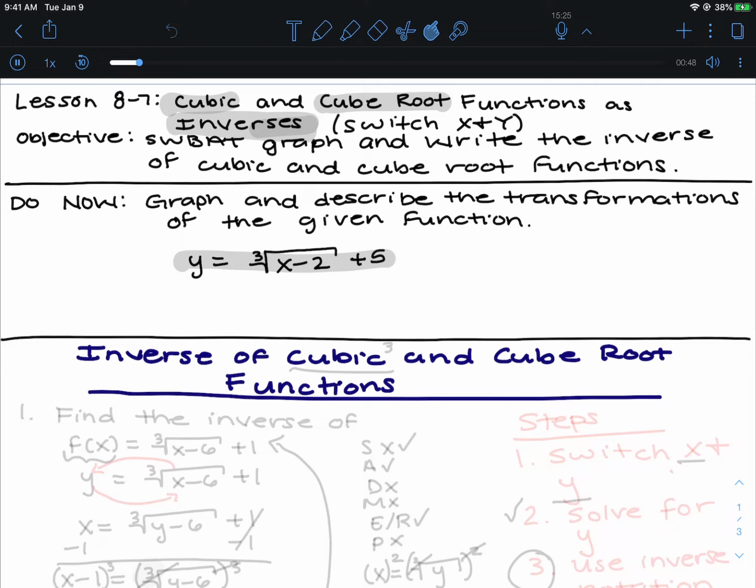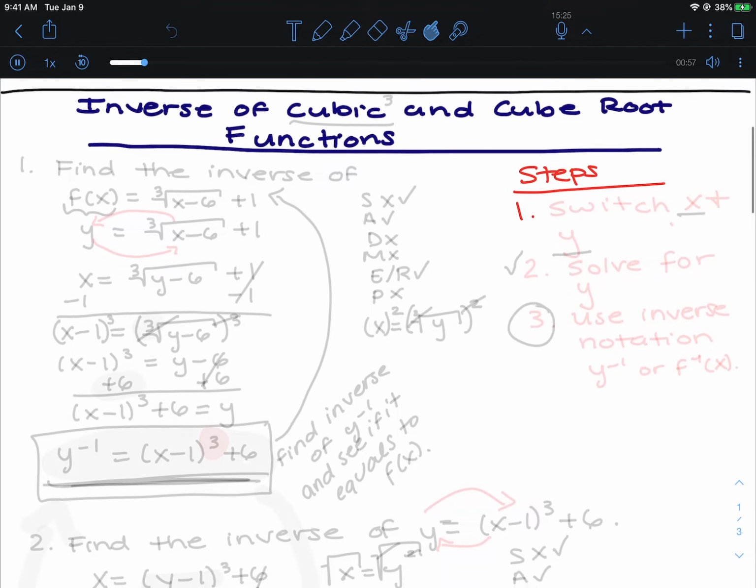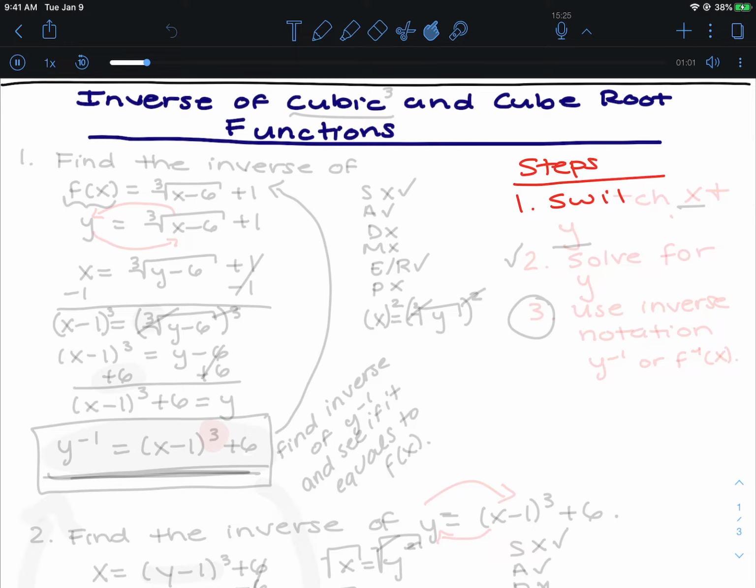So just a quick recap with finding the inverse, right? What are the steps to find the inverse? Well, the first step is to switch x and y, okay? If you do not switch x and y, then the inverse is not going to work and you're not going to be able to solve the problem.